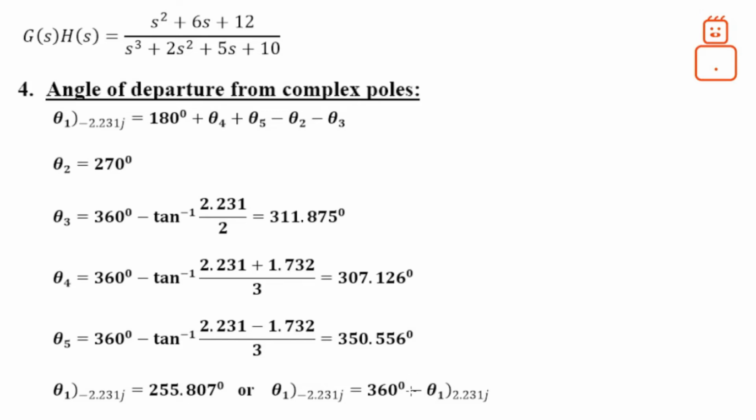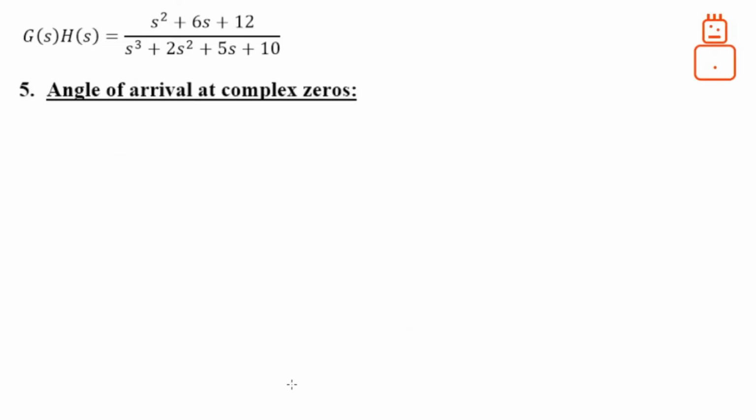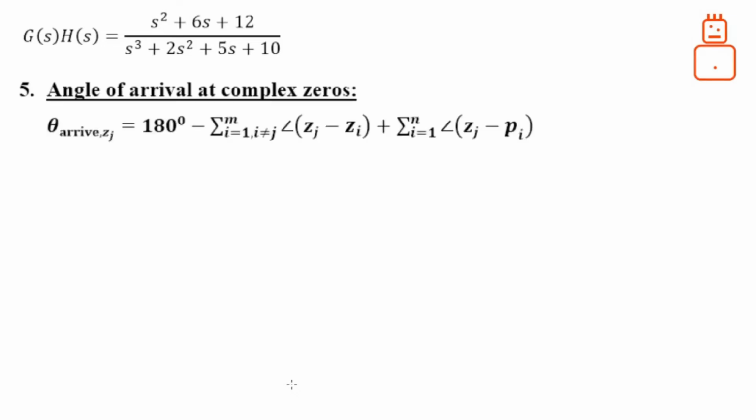So once you compute the angle from one complex pole, whether it's complex or pure imaginary, you just subtract 360 from that value and you're going to get the other one because they are conjugates. Okay, let's now work with the angle of arrival at complex zeros.